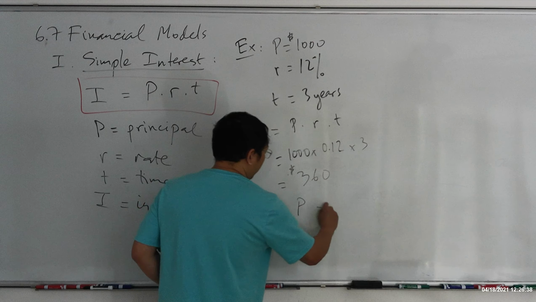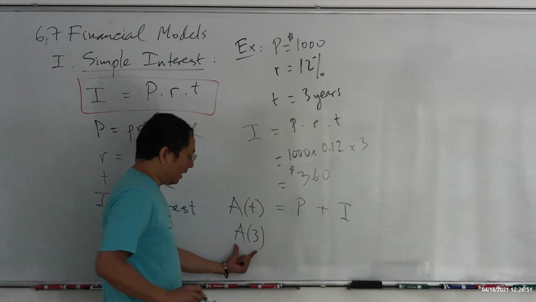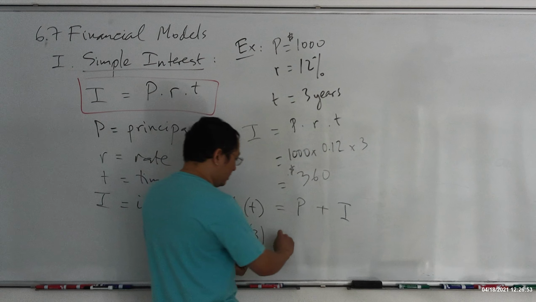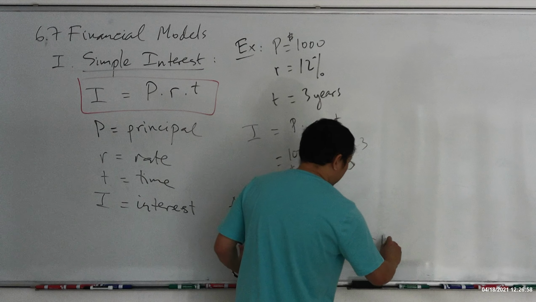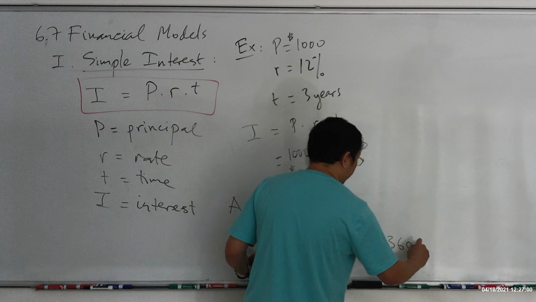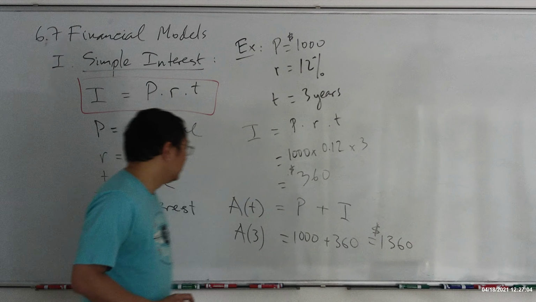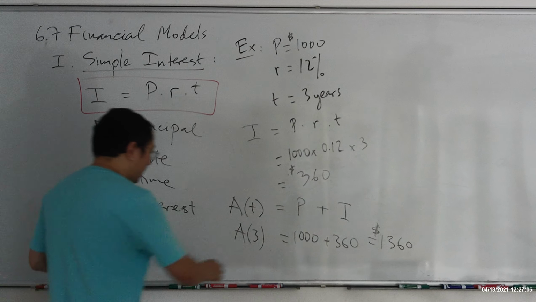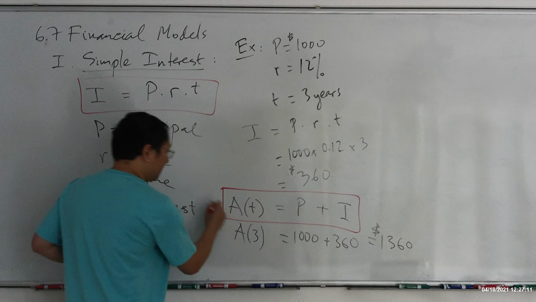You take the principal plus the interest. So in this particular problem, A_3, the amount after 3 years, is 1,000 plus 360, which is $1,360. I just gave you a formula right here, so let me box it.